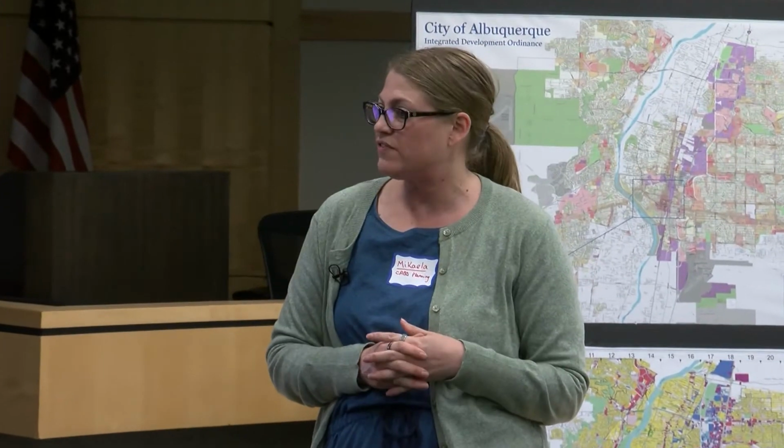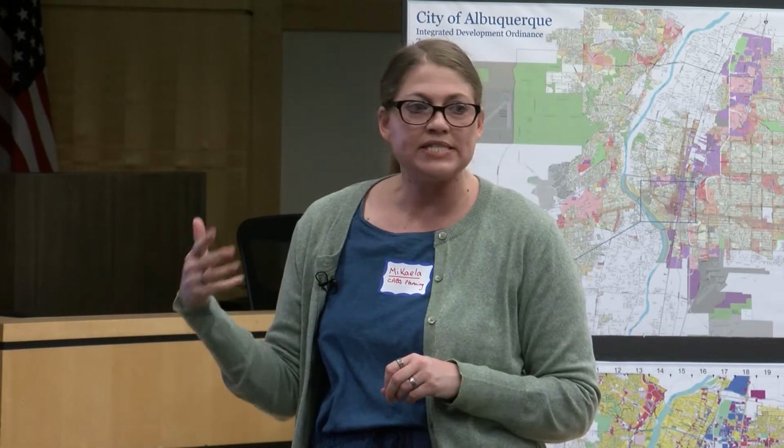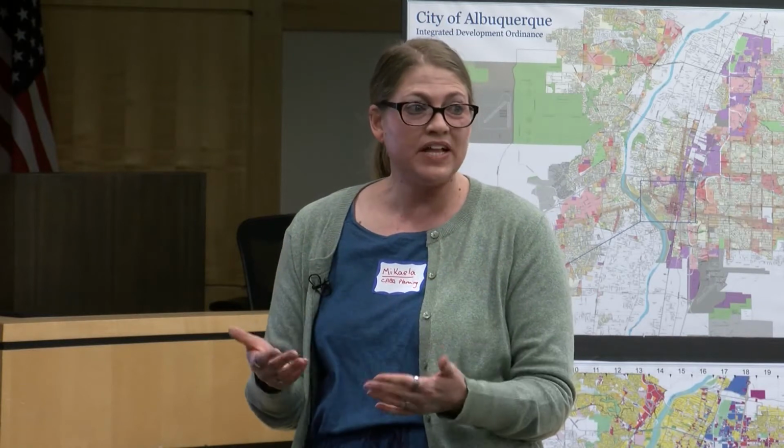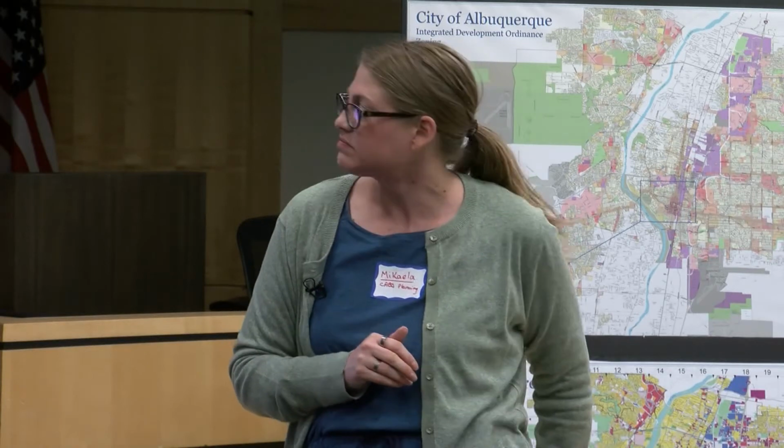And the most appropriate form for that development to take is something a little bit more urban than the rest of Albuquerque, which is still going to be fairly suburban in its pattern. So the Integrated Development Ordinance helps to implement that centers and corridors vision from the comprehensive plan by providing both incentives and development standards that incentivize that slightly more urban development than the rest of Albuquerque.